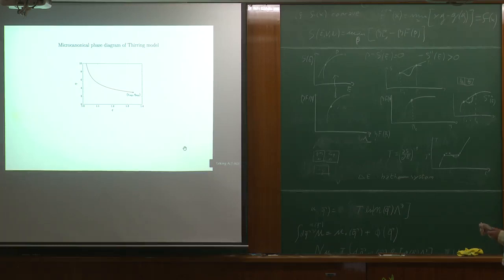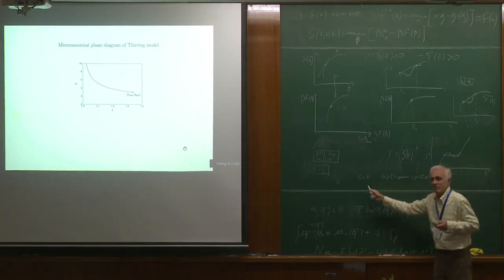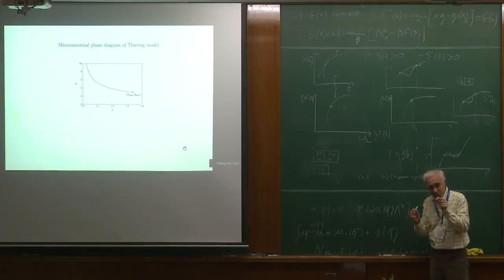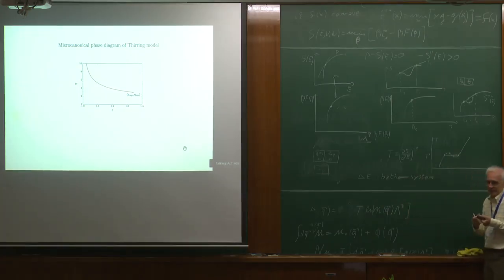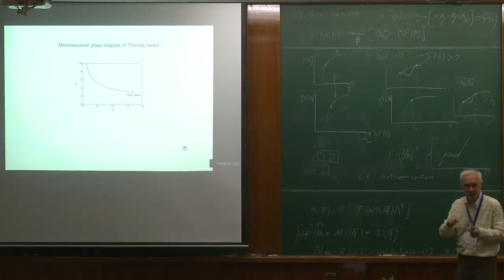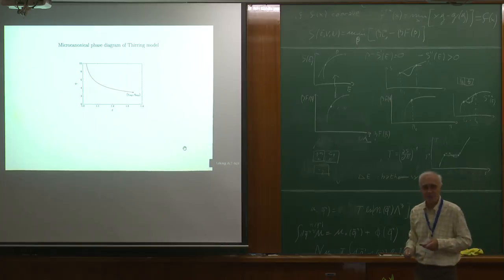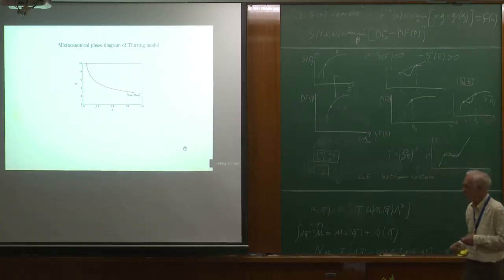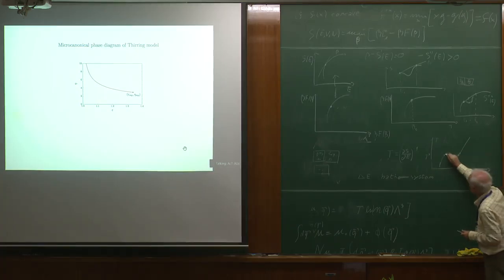To go from this to here, it is not sufficient to have a very tiny fluctuation, but you have to give a finite size fluctuation. You have this, for example, when you have super cooled water. If you put a finger in, it will become ice immediately. It is the same kind of thing. But if you stay very, very quiet and you don't disturb it, it will remain supercooled, in this kind of region or here.